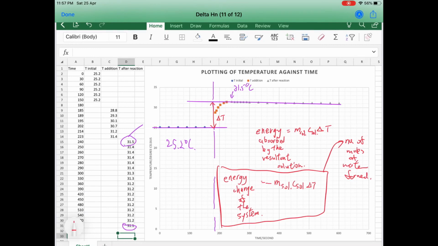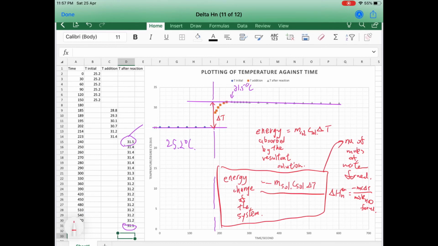And then by dividing this energy by this number of moles, finally we can get the answer. Delta H equals negative mc delta T divided by the number of moles of water formed. And this is the idea.